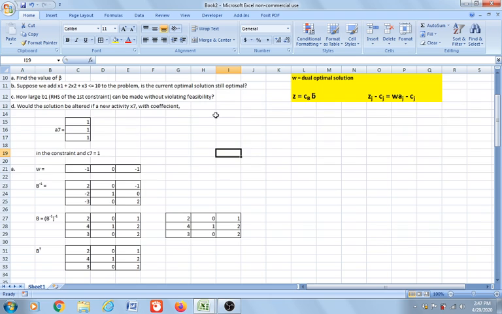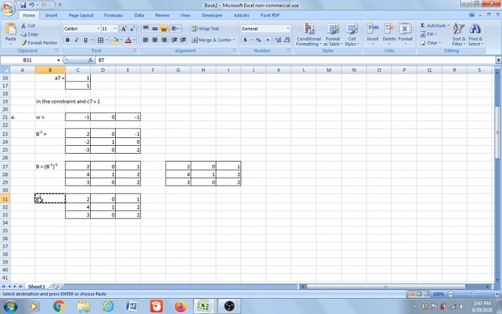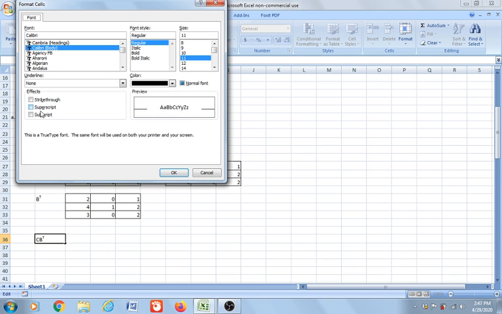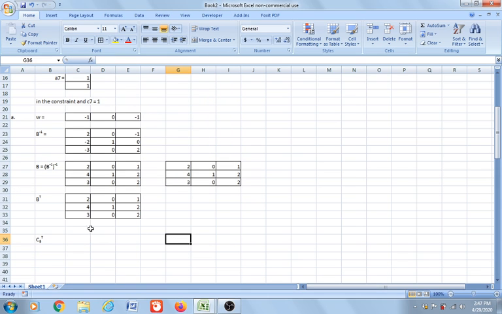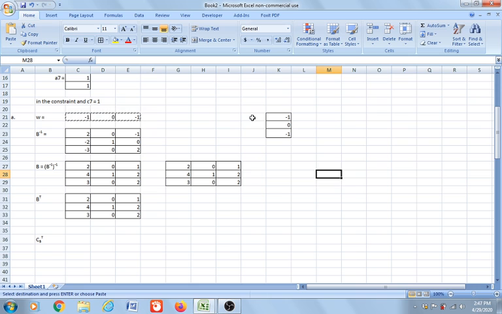Now we have B transpose and W transpose, so we can find CB transpose. CB transpose is B transpose times W transpose. Here is our W transpose.